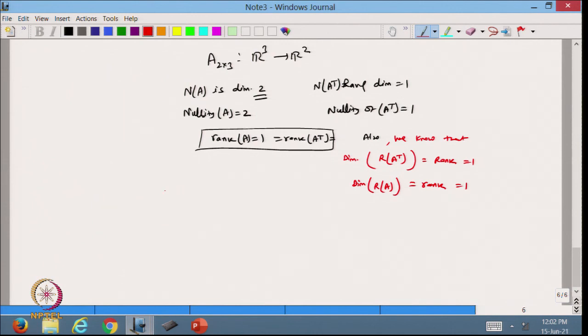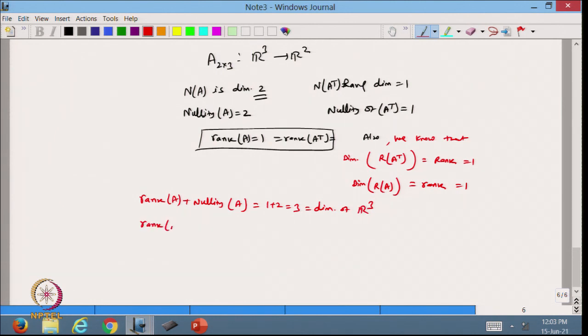So, from here you can check that the rank of the matrix A plus the nullity of the matrix A. The rank of the matrix A is 1, and the nullity of the matrix is 2. So, that is equal to 1 plus 2, that is equal to 3, and that is equal to the dimension of R3.